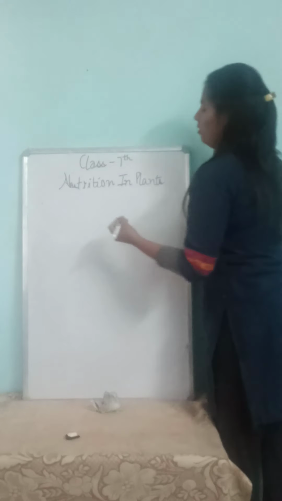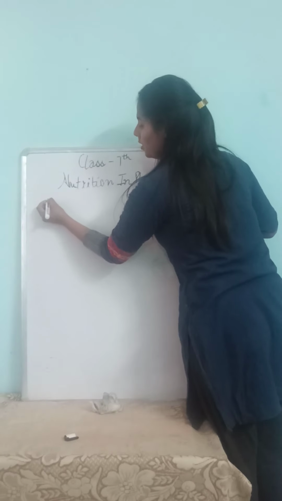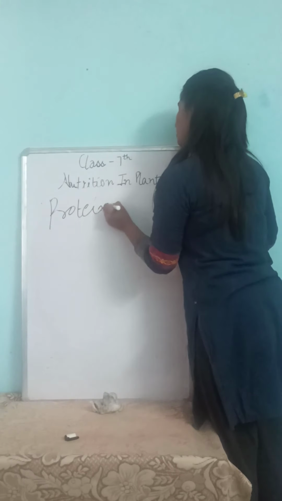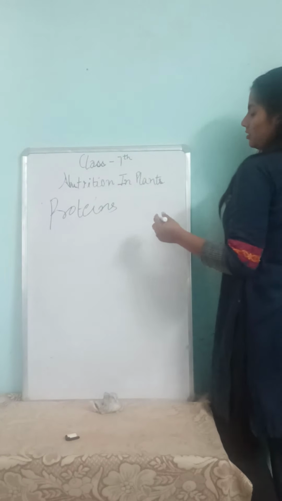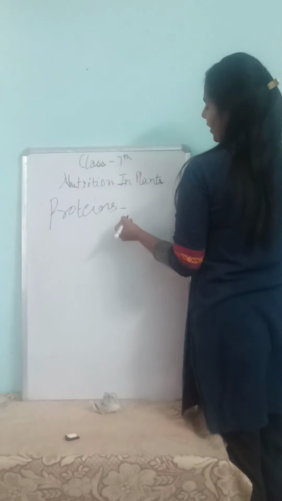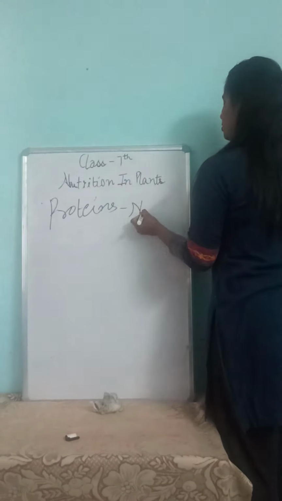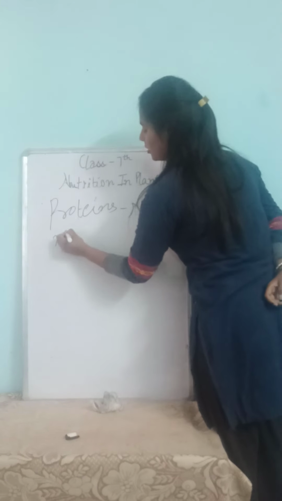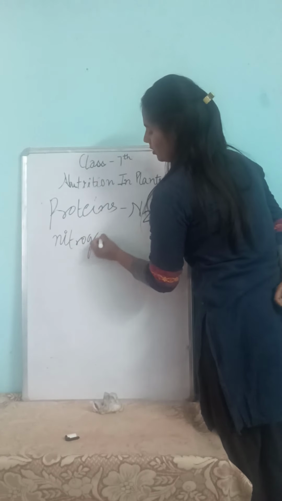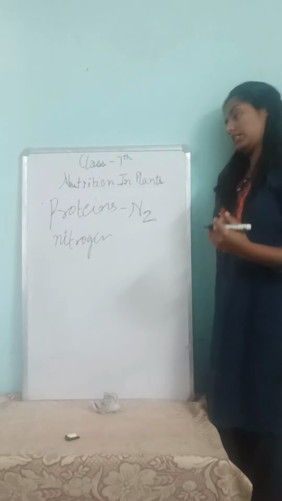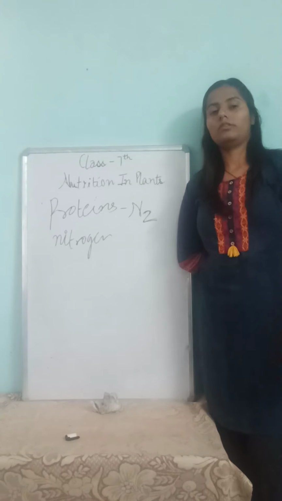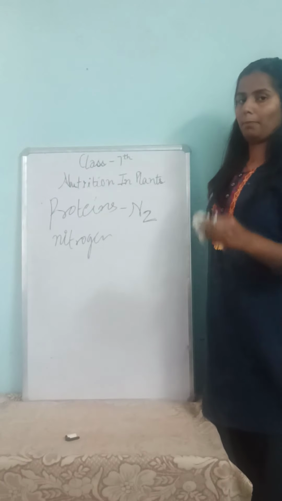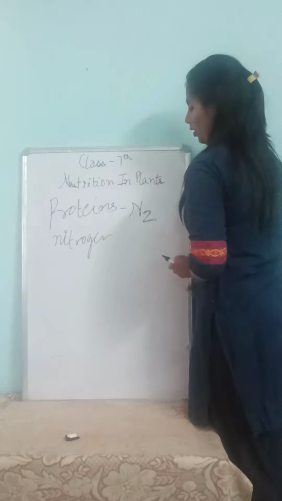So plants also have some proteins. These proteins contain nitrogen, and the plant part also contains nitrogen. So where do plants get nitrogen? Any guess, class? Nitrogen is essential for the plant, and the plant gets nitrogen from air.